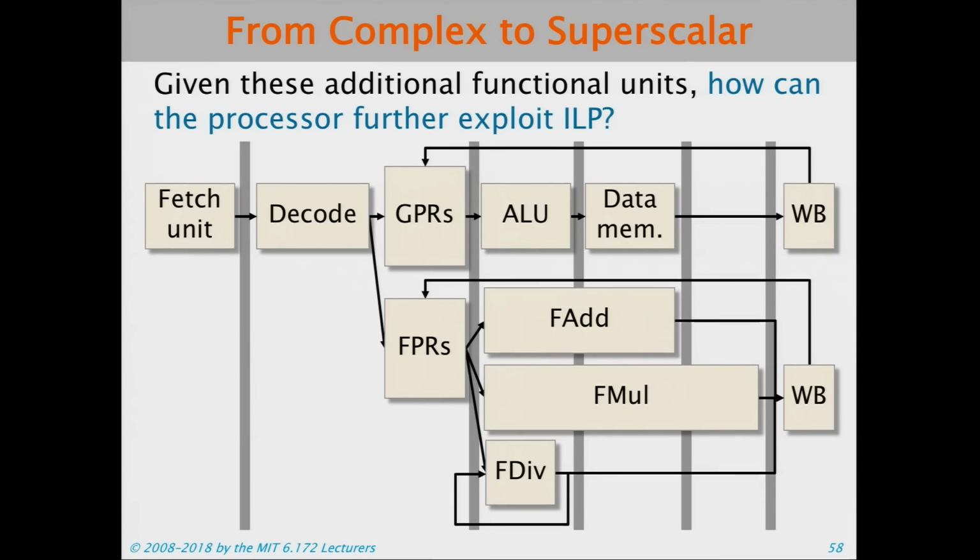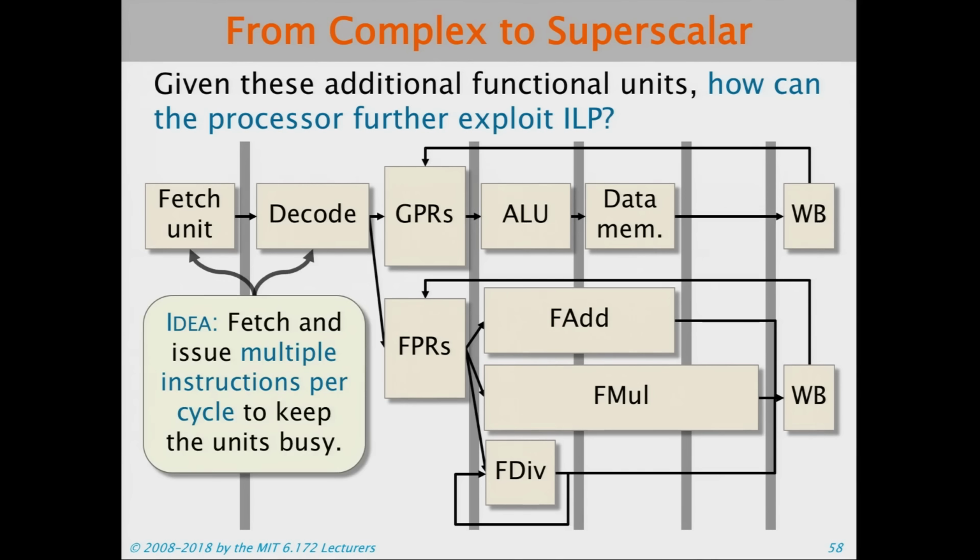What do you think computer architects did? Yes, you could group together instructions that use different functions. Even simpler than that, which is implied in what you're saying, is you can just fetch and issue multiple instructions per cycle.